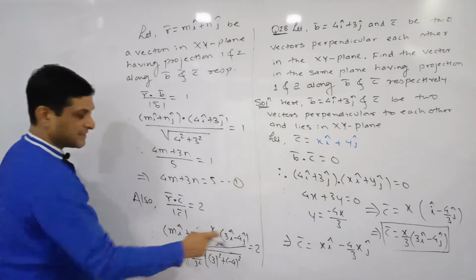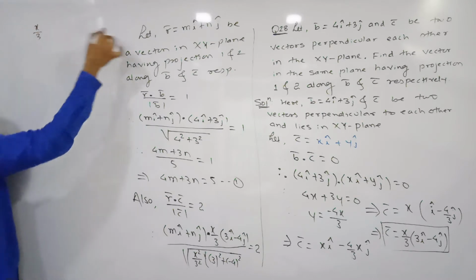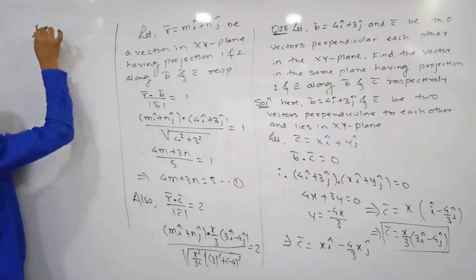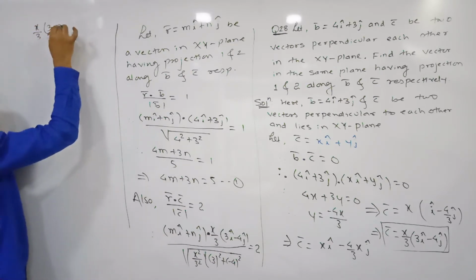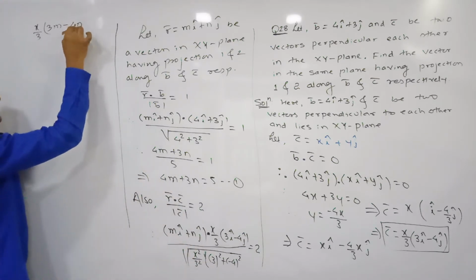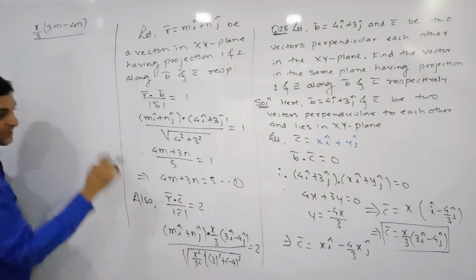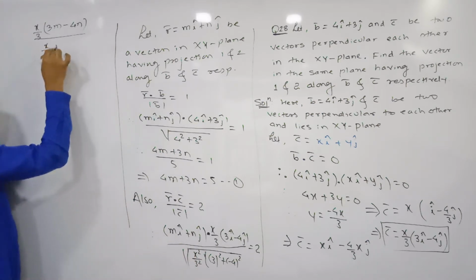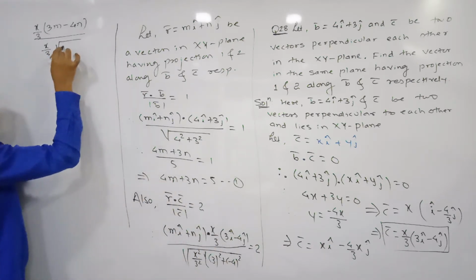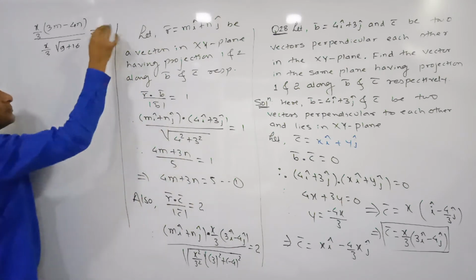Now in the numerator take the dot product: x by 3 keep as it is, and the dot product is M into 3 equals 3M, minus 4 into N, minus 4N. In the denominator take this term outside the square root, it becomes x by 3, and the remaining term in the root is 9 plus 16. On the right hand side keep 2 as it is.